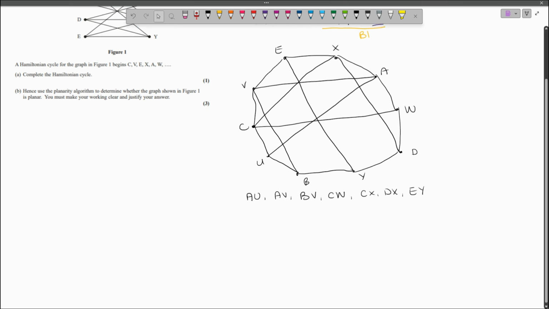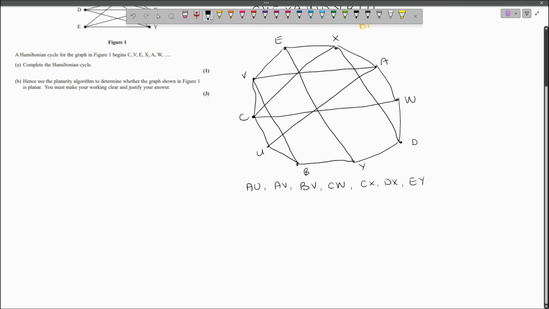To start this off, I'm going to label AU with an I, so I'm forcing AU to stay inside my graph. However, any edge that intersects with AU must now go on the outside of my graph to make sure that they're not intersecting.